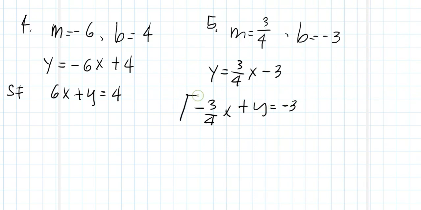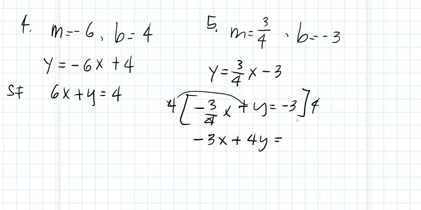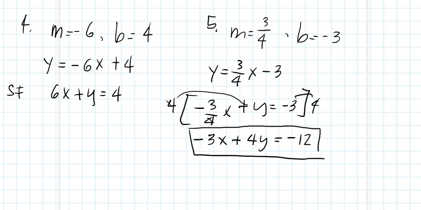Since we have a denominator of 4 here, we multiply by 4. 4 divided by 4 is 1, times negative 3x, plus 4y equals negative 12. So this is now in the standard form. Okay, so that is the slope intercept form.